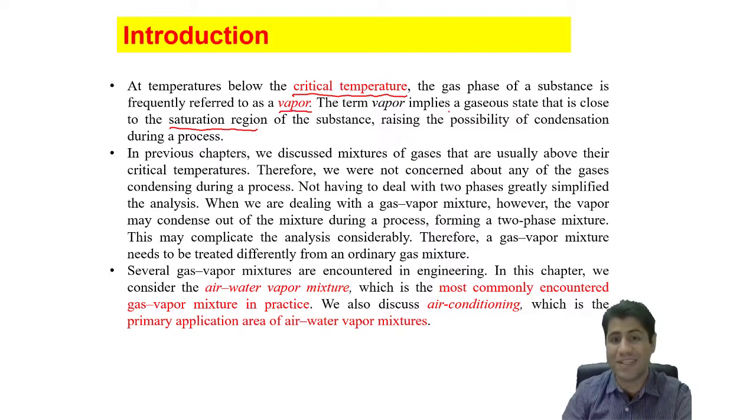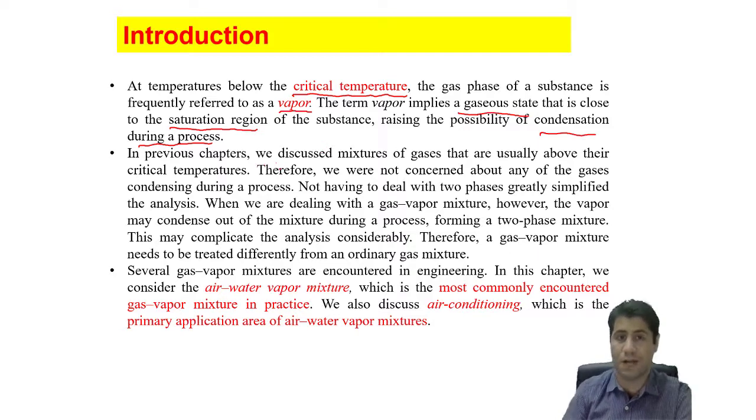So the term vapor implies a gaseous state close to the saturation region of the substance, raising the possibility of condensation during a process. If a substance on the saturated vapor line goes through a temperature reduction process, its phase will change from vapor to liquid, which we call condensation.